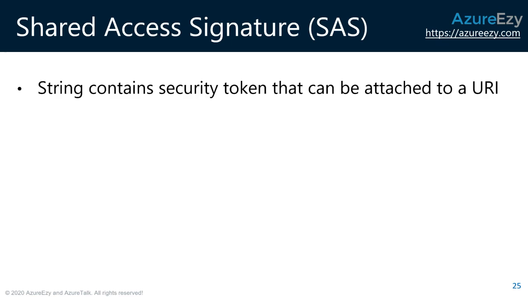It's a URI that contains a token. That SAS token tells you the validity, the permissions, and all the information about it. You can use this to authorize any specific thing in your Azure storage, like your blob, your entire container, or any specific file in it.